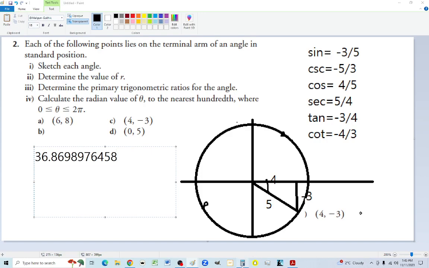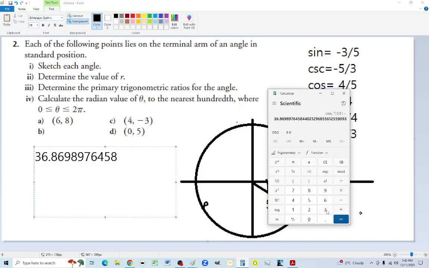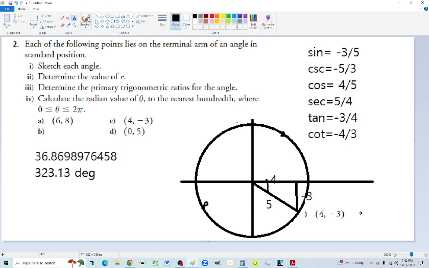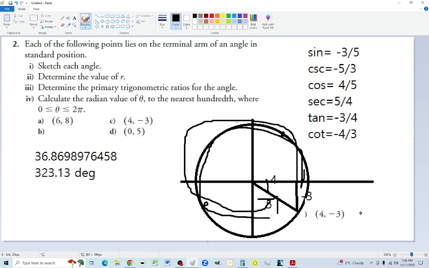But I have to subtract that from 360 to get the principal angle. So that many degrees is the principal, and it's going all the way to there. You could also say it's negative 36.87 if you wanted, because that's still a correct principal.